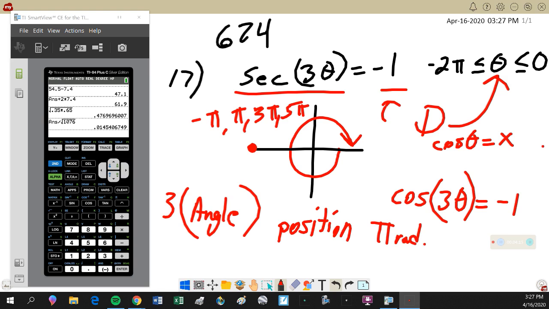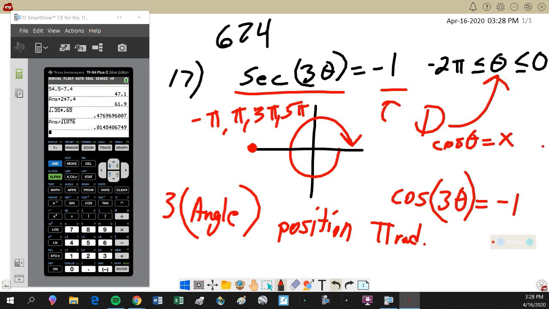That's basically what that's asking. So how many angles are there in one negative rotation of the unit circle that I can triple, and then those answers will land in that position of -pi or 3 pi?